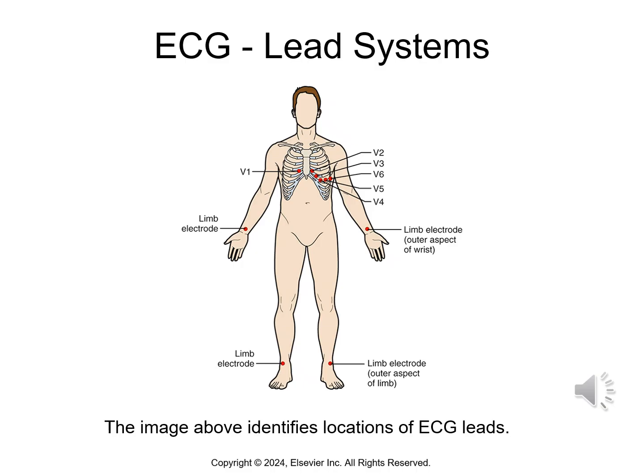This is the setup for a standard 12-lead EKG. What that means is the standard 12-lead EKG consists of 12 leads or views of the heart's electrical activity. 6 of the leads are called limb leads because the electrodes are placed on the 4 extremities in the frontal plane. The remaining 6 leads are called chest or precordial leads because the electrodes are placed on the chest in a horizontal plane.